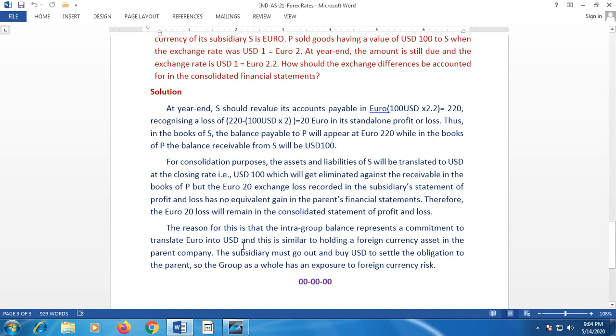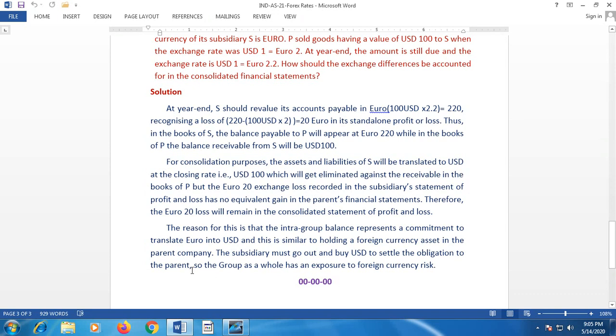The reason for this is that the intra-group balance represents a commitment to translate euro into US dollar, and this is similar to holding a foreign currency asset in the parent company. The subsidiary must go out and buy US dollar to settle the obligation to the parent company, because the subsidiary company has to pay in US dollar.